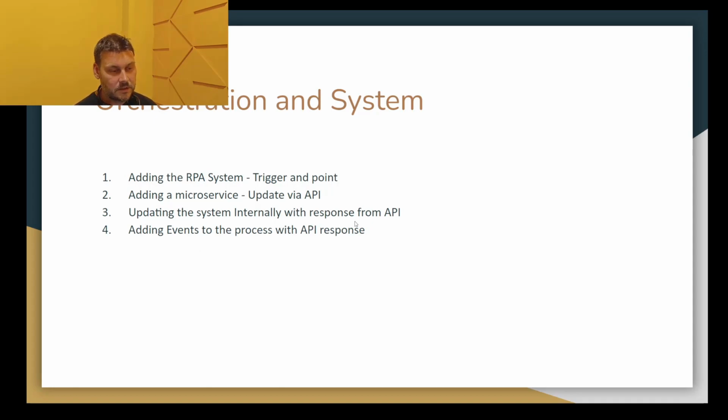Updated the system internally with a response API, so we are getting the response from one system, that government website, and then we're passing that data to the next one to update the other system. And here with our RPA, we had the events side, whether we wait for the RPA to finish after 4 hours or so. That's just some of the elements which go into full automation.